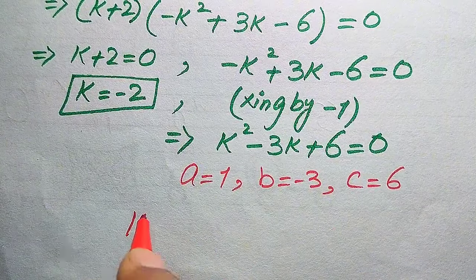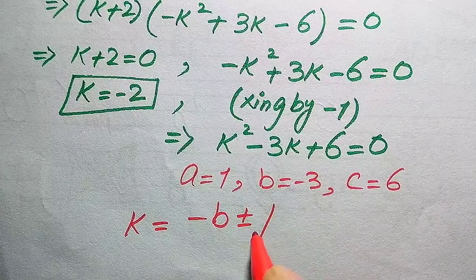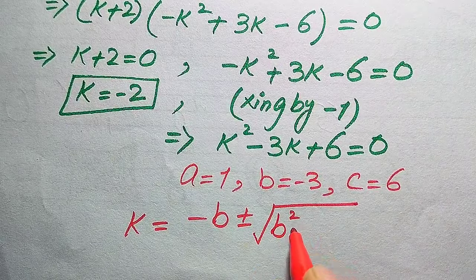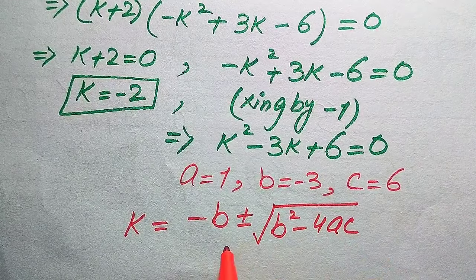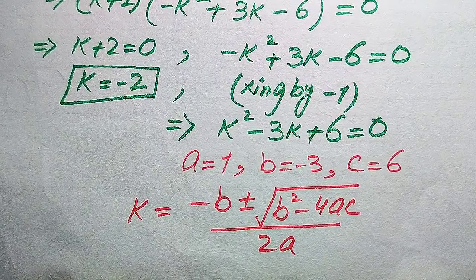And we state the quadratic formula as k equals minus b plus minus square root of b square minus 4ac, divided by 2a.